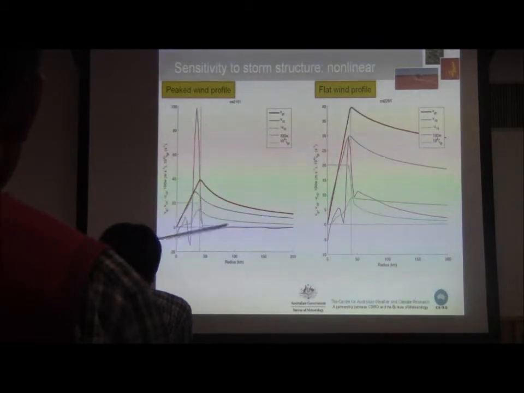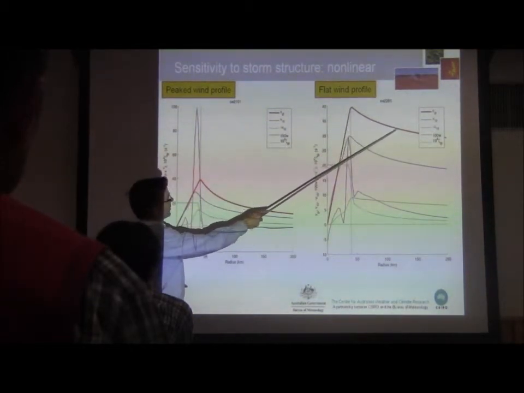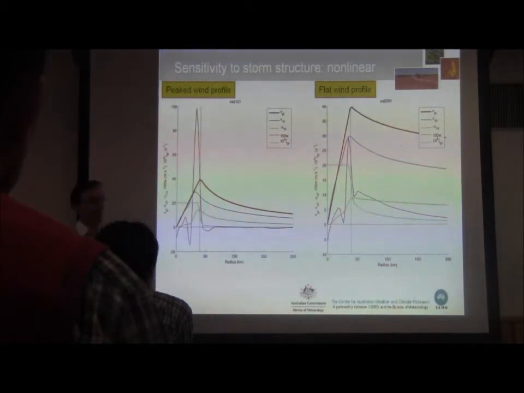V is going as r to the minus alpha. And I should have put the equation on and I didn't. So V is going as r to the minus alpha. This is r to the minus 0.8. And this one is r to the minus 0.2 is the power law of the gradient wind.